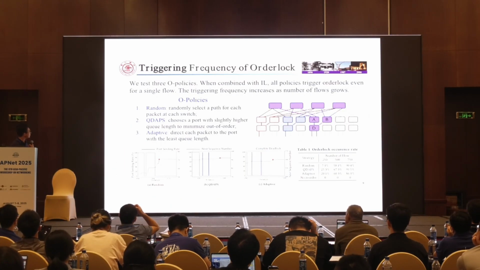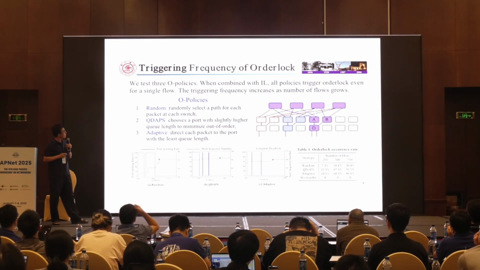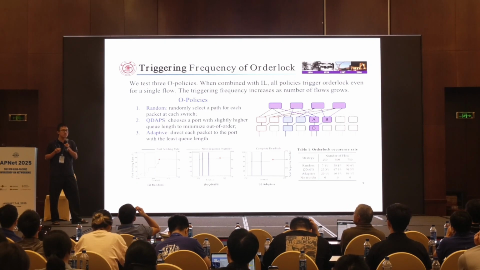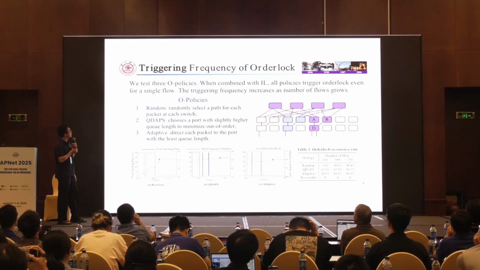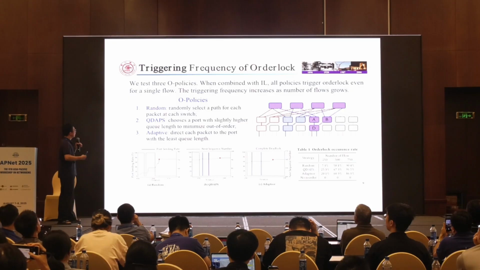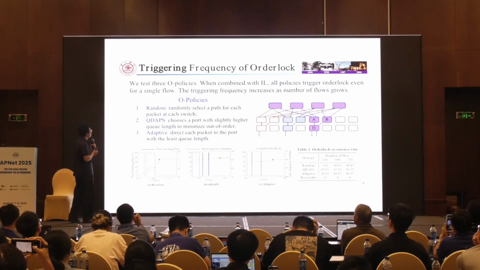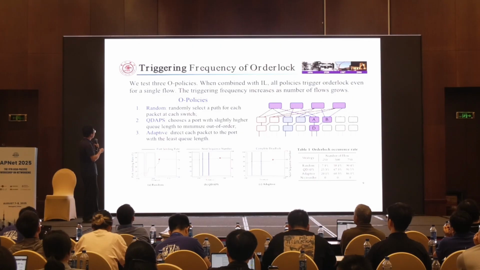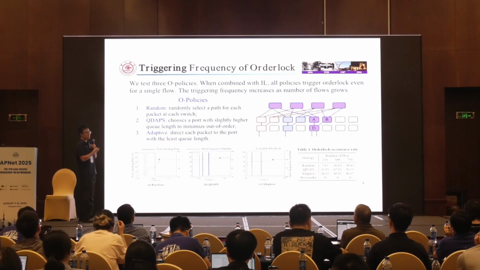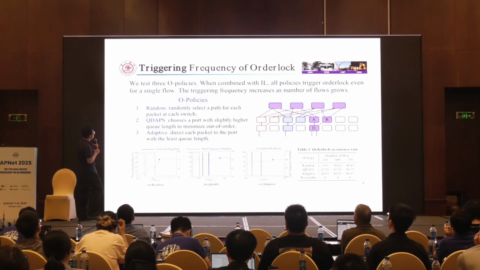Then we look at how severe order lock is. We do some experiments to see the frequency of order lock. Here we test three policies. First is random packet spray. The second one is QDAPS.